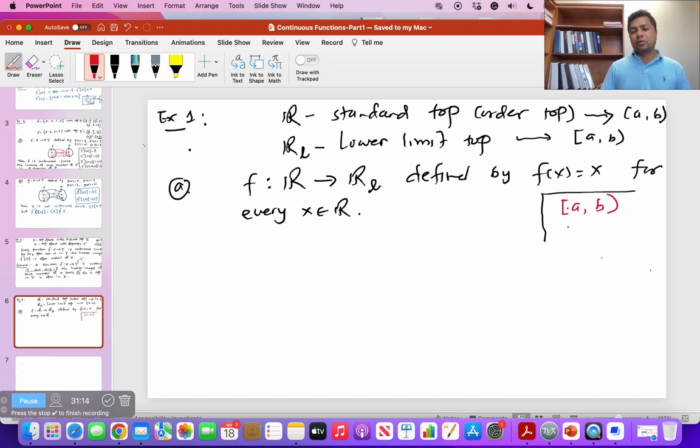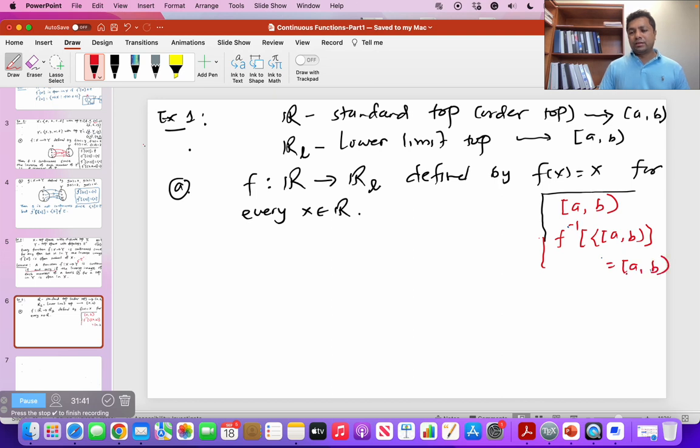They are in this form, half open intervals. Now if you use this definition, the inverse image of this basis element, since our function is kind of an identity map, is going to be itself.